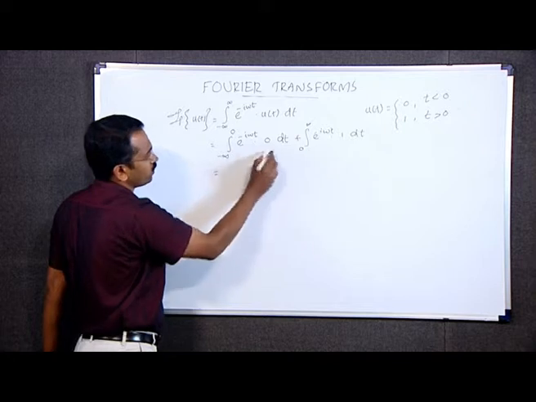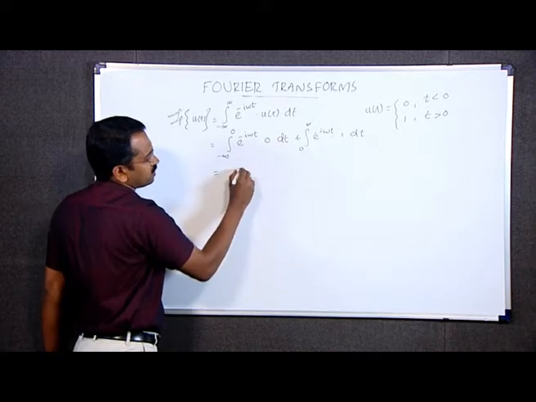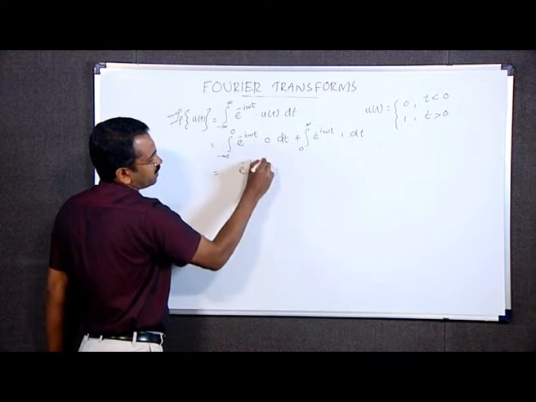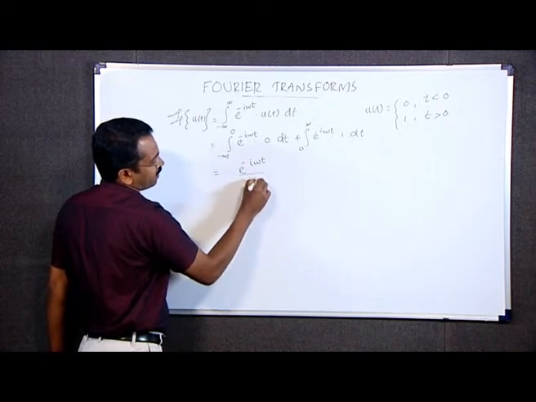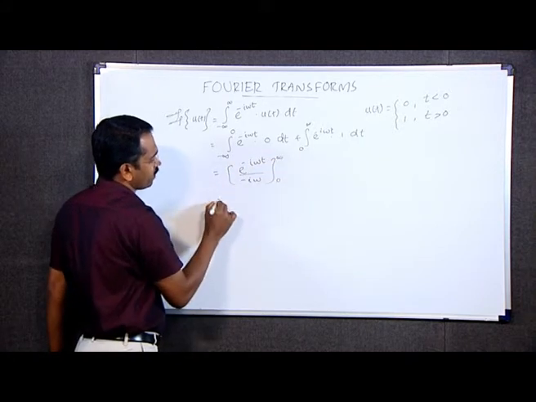The first integral becomes 0. This is e raised to minus i omega t divided by minus i omega between the limits 0 and infinity.